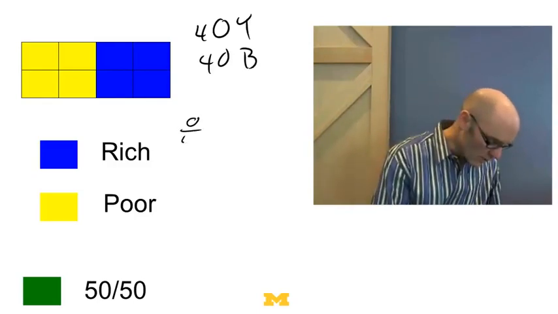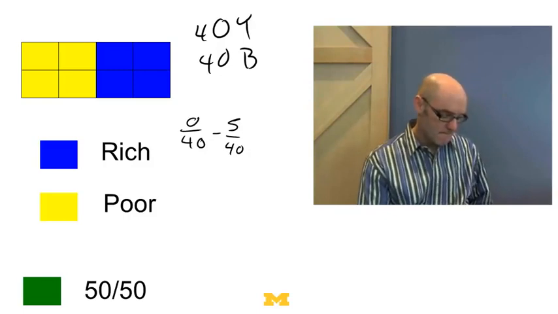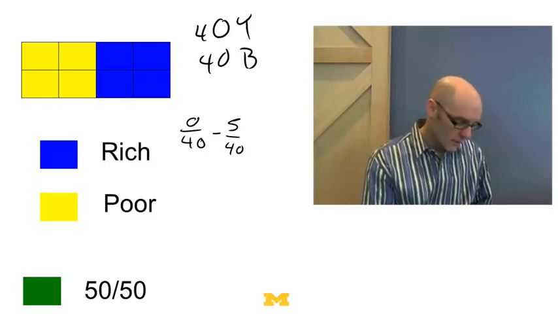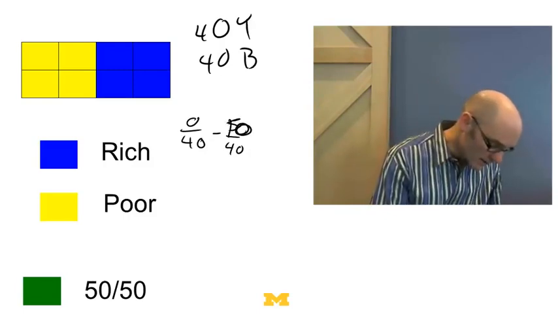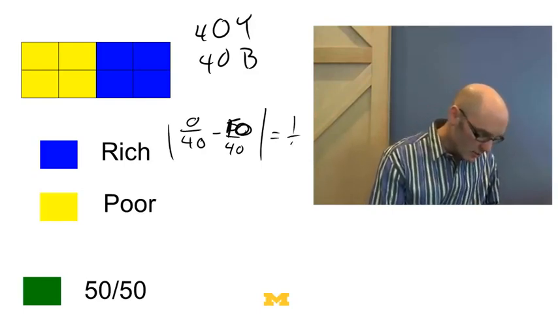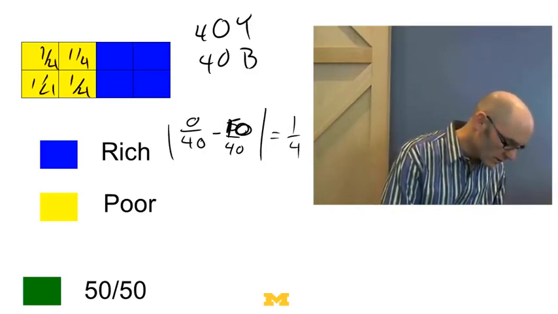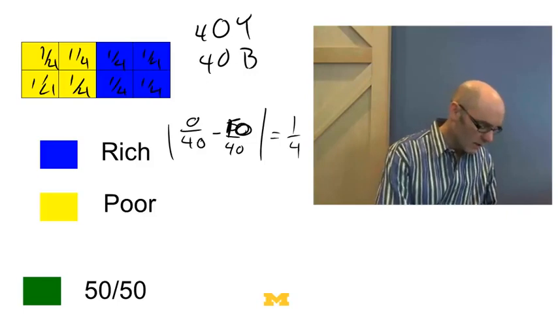I've got 10 yellows in each one, so 10 over 40 yellows, which is equal to 1/4. Since all these are the same, I'm going to get a fourth, a fourth, a fourth, a fourth, and so on, and also for the blues, by the same logic. So every single one of these gives me a value of 1/4.